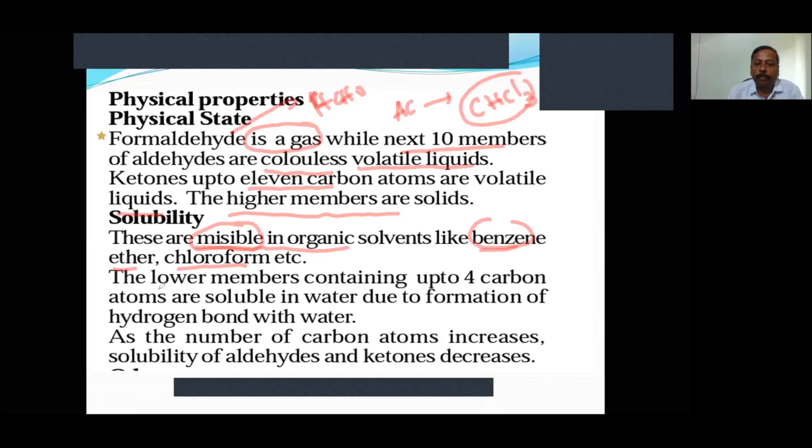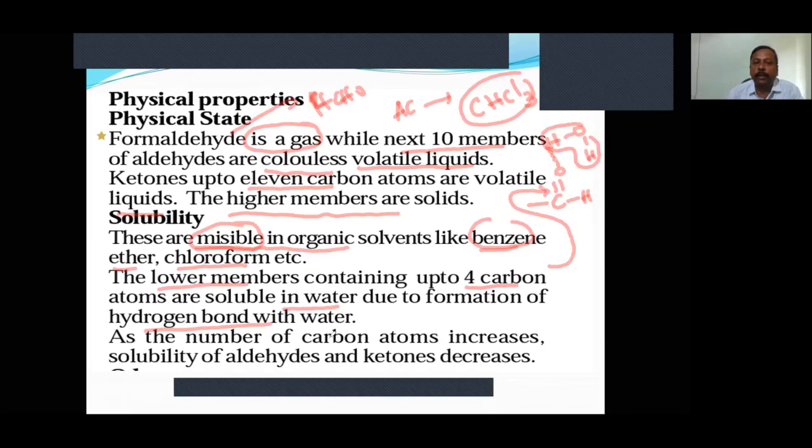Lower members containing up to 4 carbons, that is butanal, are soluble even in water due to hydrogen bonding with water. See, this is the C double bond O, and the oxygen will form a hydrogen bond with the water molecule. This is possible up to 4 carbon atoms.